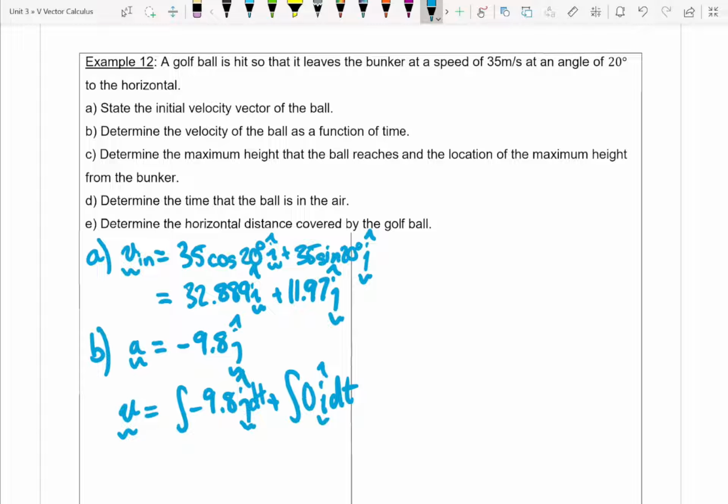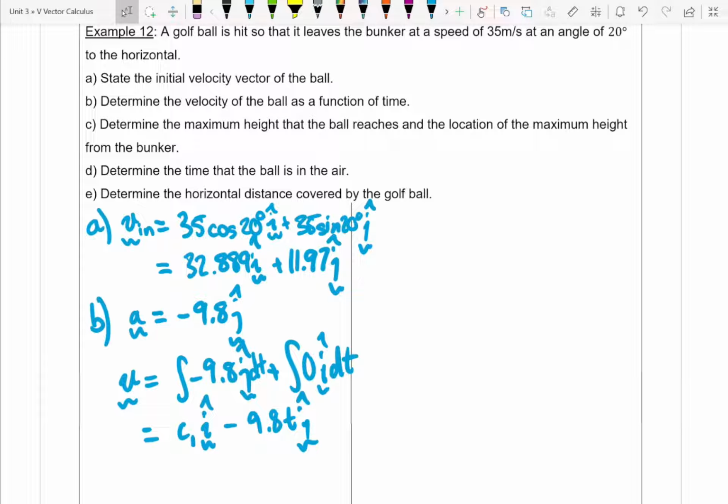What that means is that our horizontal velocity is going to be a constant, because if you differentiate a constant, you get 0. So when we anti-differentiate 0, we get a constant value. This gives us C1 i minus 9.8tj. So that is our velocity component.